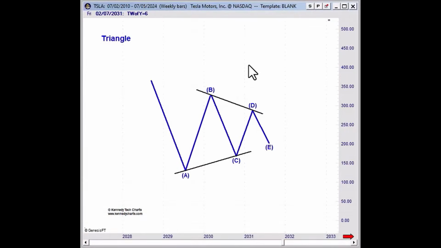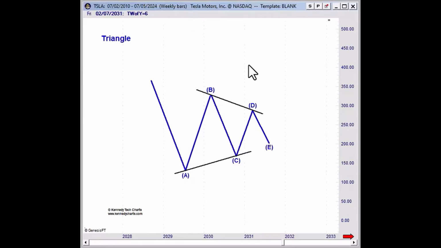guidelines I'm offering on how to actually trade a triangle. Now remember, triangles are tricky. And the reason they're tricky is because there always seems to be somewhat of a predisposition to want to identify the pattern as complete before it actually is.